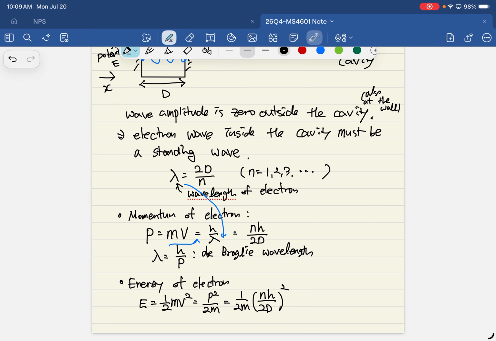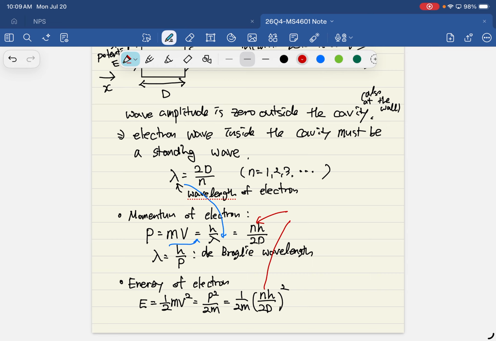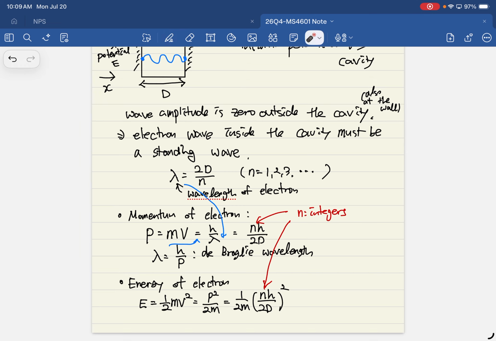And one important thing here is that n is an integer. If you look at this momentum and energy expression, you will immediately notice that these values are discrete numbers.